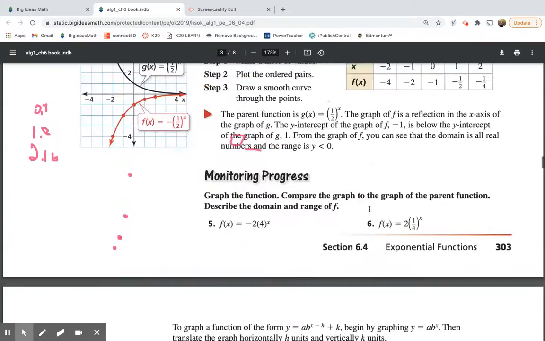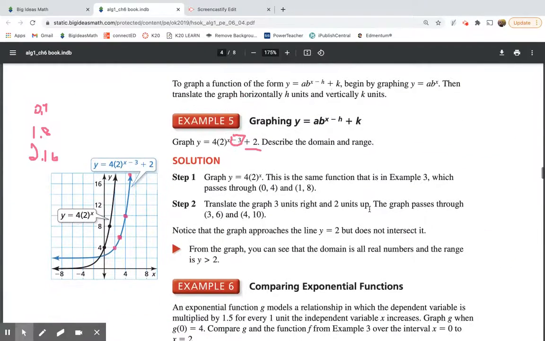Negative 2 was positive 1, I mean. Okay. So (-2, 1), we would go over 3, up 1. Whereas this one gets really close to 0, this one gets really close to 2.